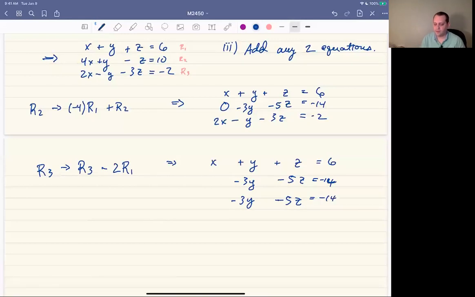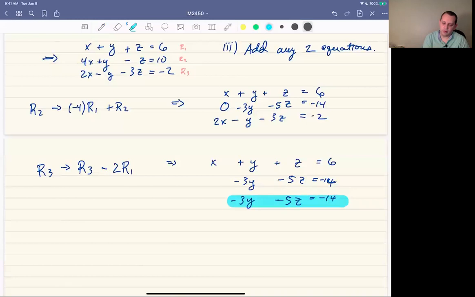What happened here is that the bottom two equations are actually the same, and they don't give us any extra information. Even though we started with 3 equations and 3 unknowns, this can be reduced to two equations with 3 unknowns. So this bottom equation is not going to be very useful.